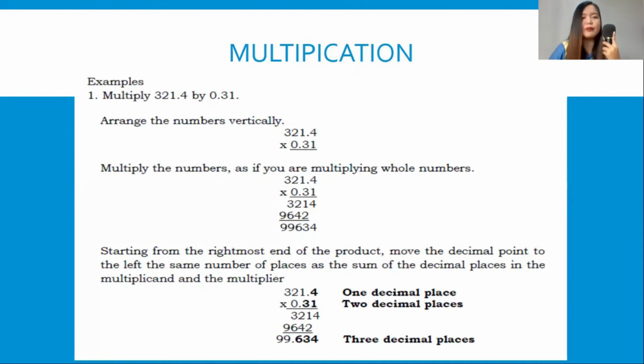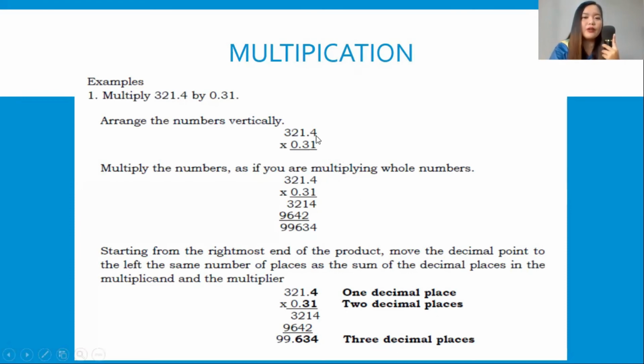Again, in multiplication, just multiply as usual. Do the basics that you know in multiplying numbers, but this time if we are dealing with decimals, just count the place value of the decimal point.